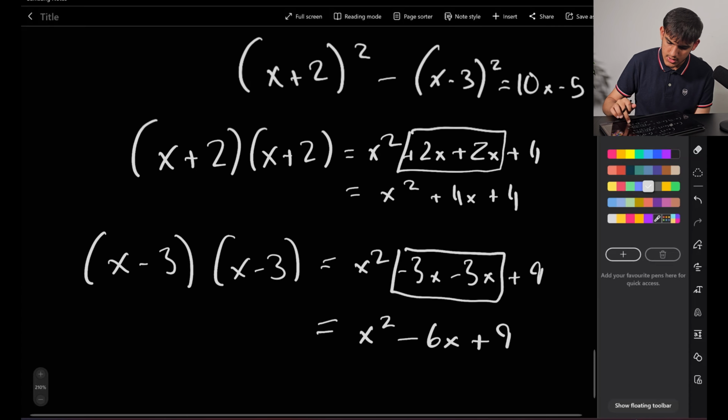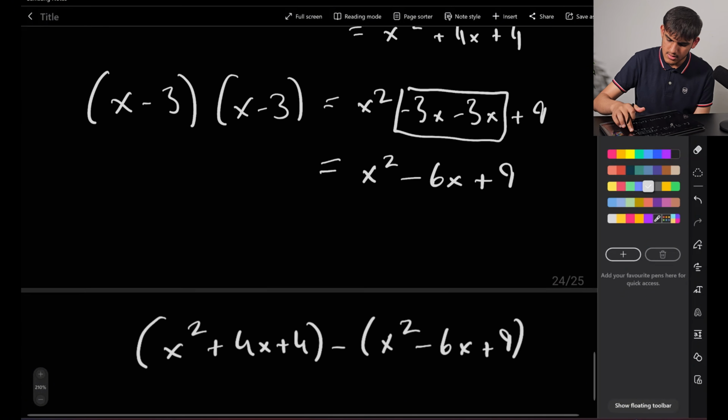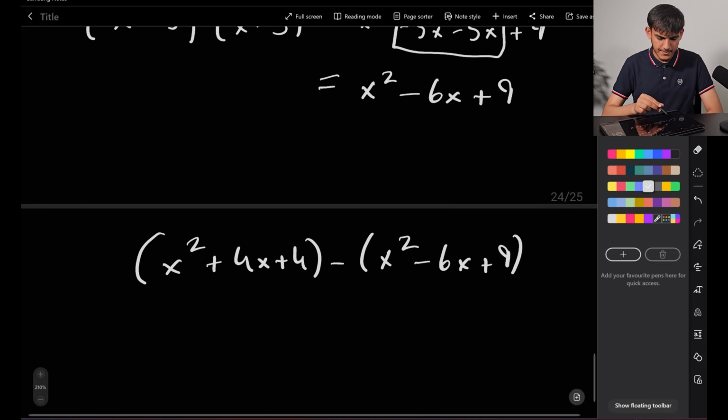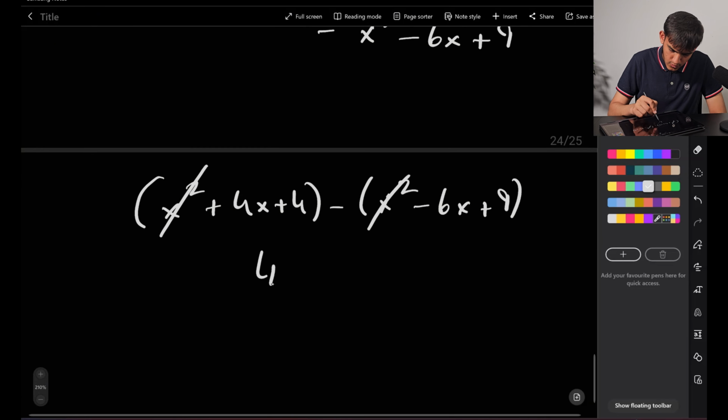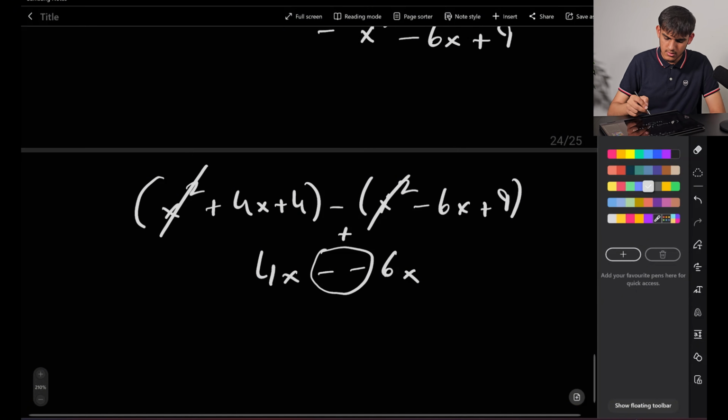And the question did say that we are supposed to get 10x minus 5. So let's check it. x squared minus x squared equals 0. So already the x squareds are eliminated. Then 4x minus minus 6x. Now we know that when two negatives are together, it becomes a positive. So that just becomes 4x plus 6x equals 10x. So now we've dealt with the x's.